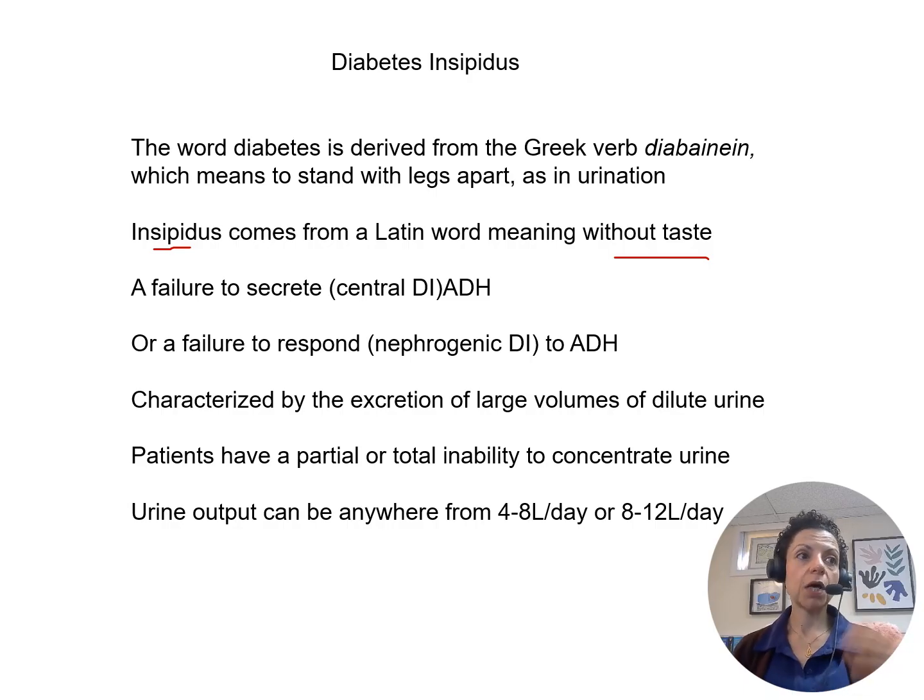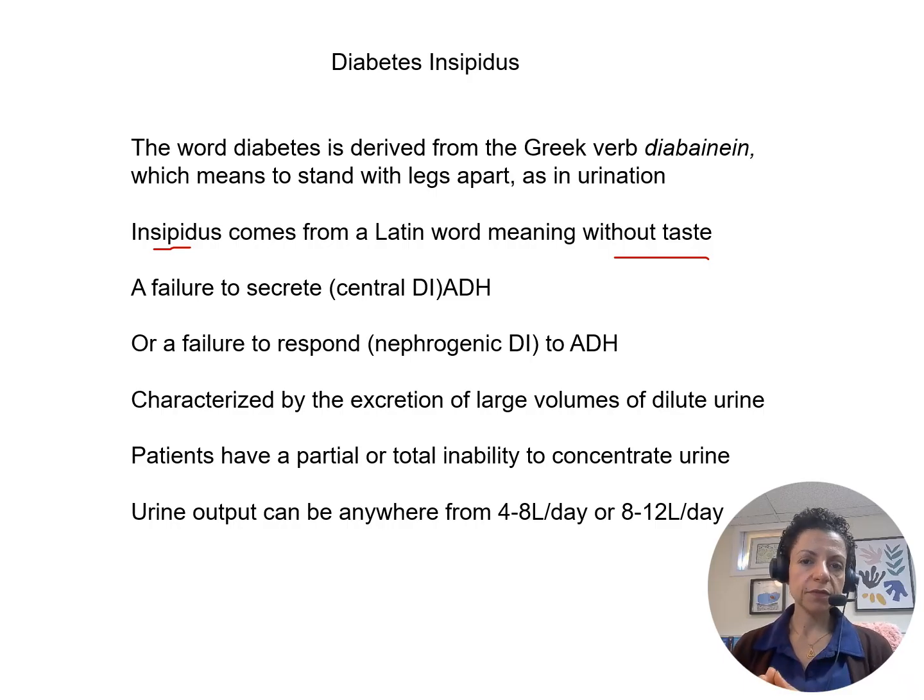If you had polyuria and you tasted the urine sample and it tasted sweet, then that was diabetes mellitus, because mellitus means sweet. But if you tasted the urine and it had no taste, it was just mostly water, then it was insipidus, without taste, and it was diabetes insipidus. The urine of people with diabetes insipidus will be mostly water, because they cannot retain that water. It all ends up in the urine.